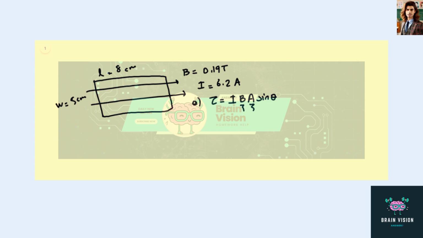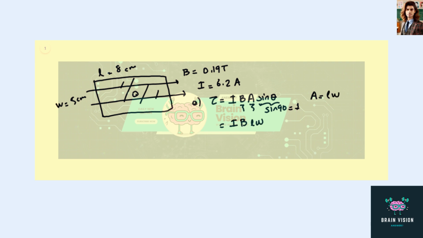The normal vector is always perpendicular to the plane, so in this case, it's going to be out of the plane towards us, which makes the angle between A and B 90 degrees. So we can drop this sine term because sine 90 is going to give us 1. Simply, in order to calculate the torque, we do I times B times area. As you know, it's a rectangle, so it's going to be the length times width.